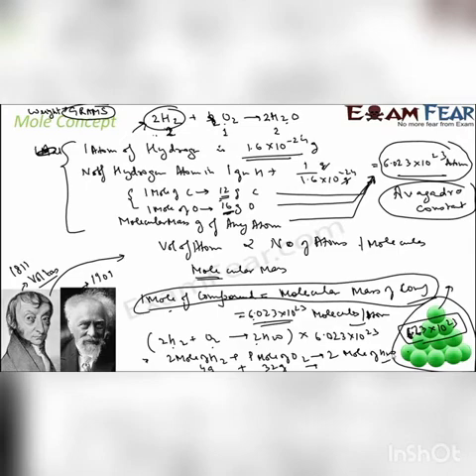And 2 mole of water is nothing but 16 plus 2, 18, 18 into 2, 36 grams. So now directly from the mole I can write the mass. And here, the law of conservation of mass: 4 plus 32, 36 gram on the left hand side, 36 gram on the right hand side.